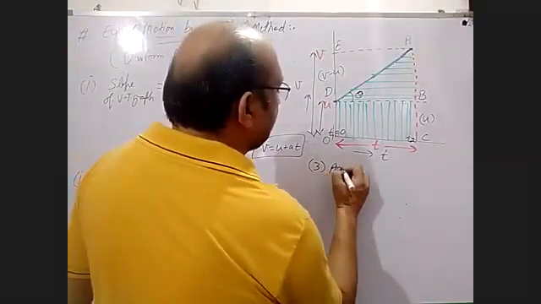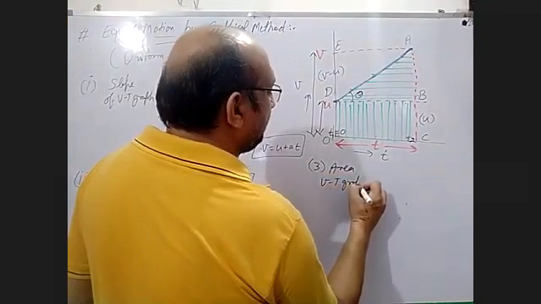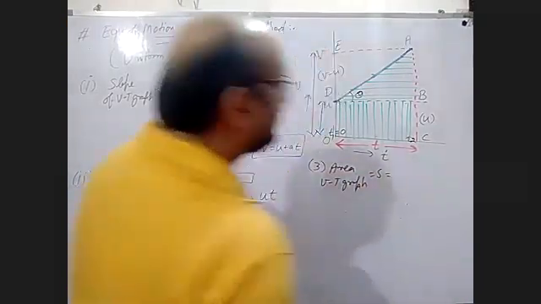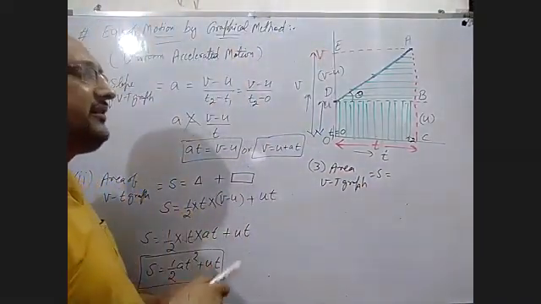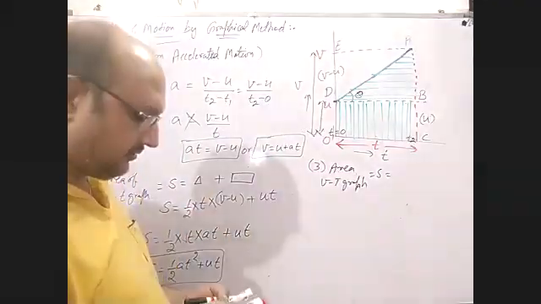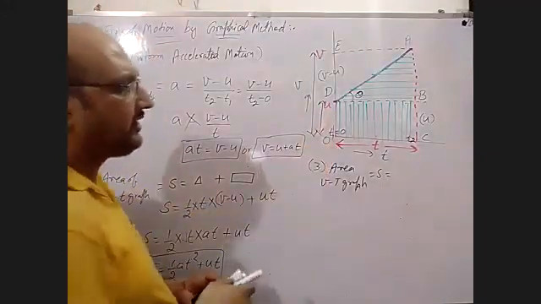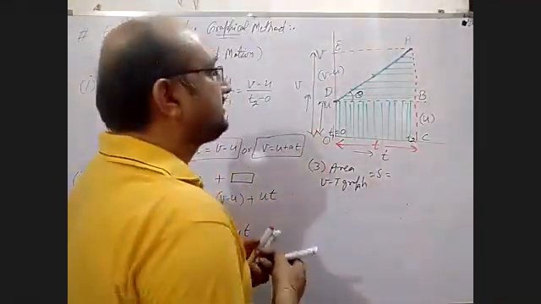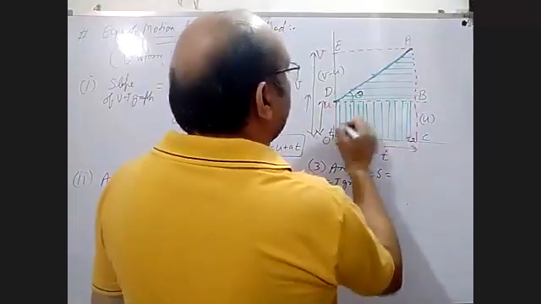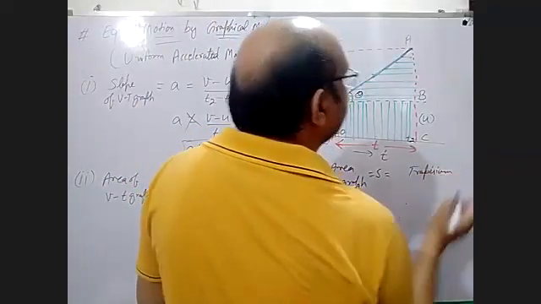Now the third equation. In the third equation, again we have to take the area of the velocity time graph, which gives you displacement. But in this, we have to take the area of this graph completely, not individually. These four sides represent a trapezium.